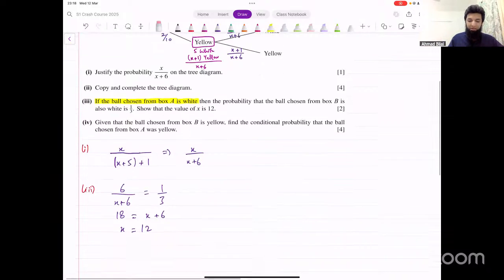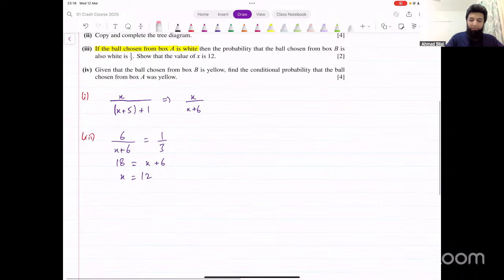So what's the conditional probability that we're looking for now? Given that the ball chosen from box B is yellow. So what is given? Ball chosen from box B is yellow. That is given. And we need to find the probability that the ball chosen from box A was also yellow.